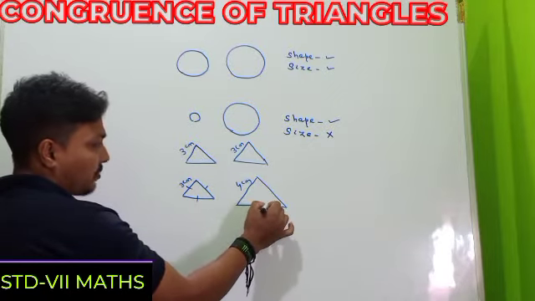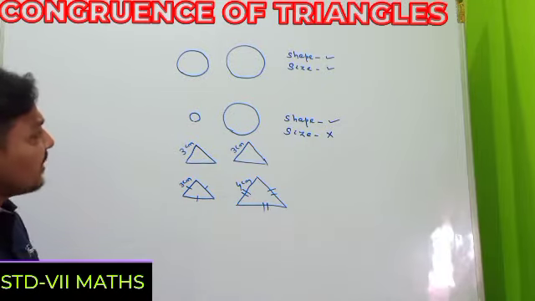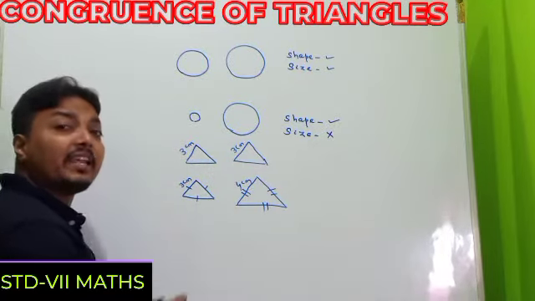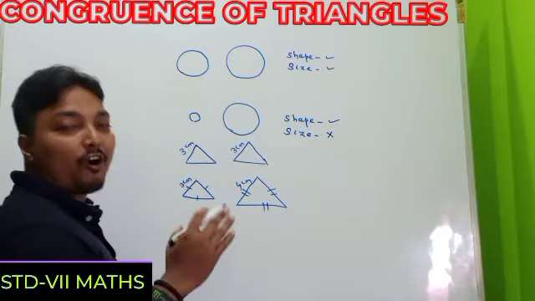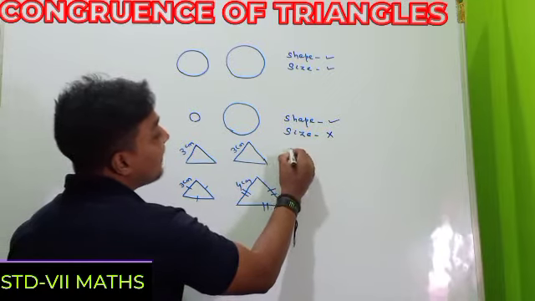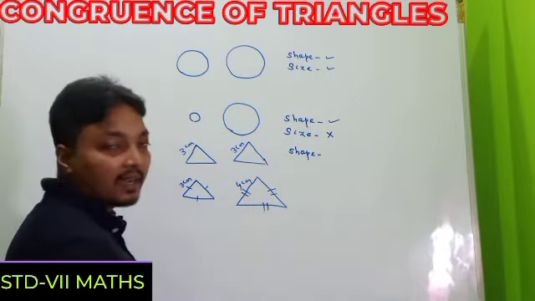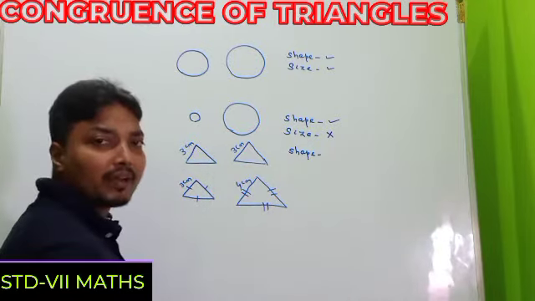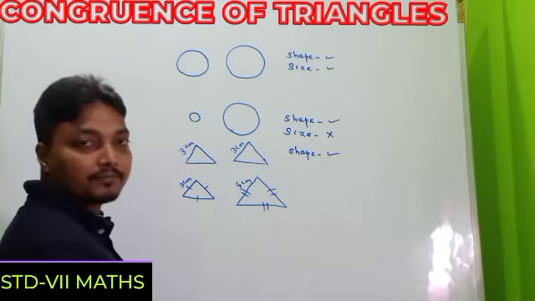From this pair of equilateral triangles, one thing is 100% sure: the name of the shape is equilateral triangle. This one is an equilateral triangle, and this one is also an equilateral triangle. So both of them have the same shape.